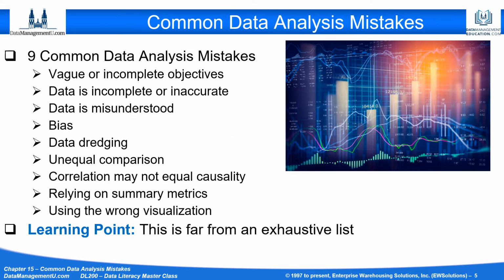The 9 most common data analysis mistakes are vague or incomplete objectives of the analysis, inaccurate or incomplete data, misunderstood data, bias, and goodness, there are many kinds of bias we deal with, data dredging, unequal comparison, correlation may not equal causality, relying on summary metrics, or using the wrong visualization.